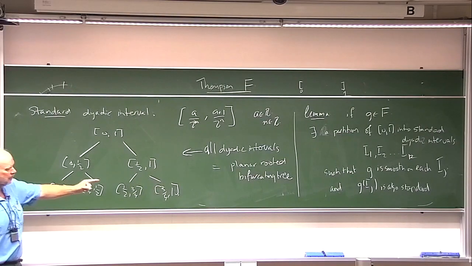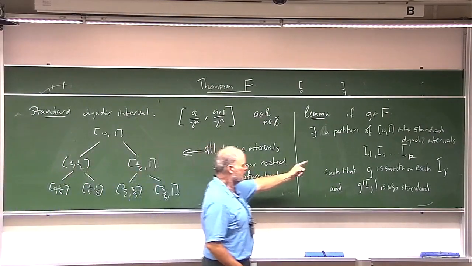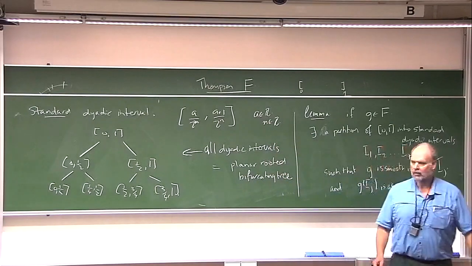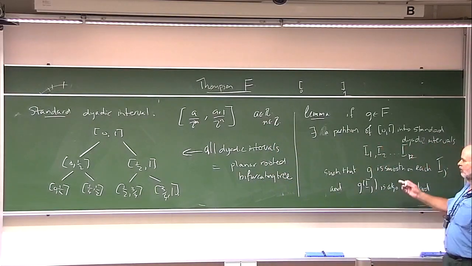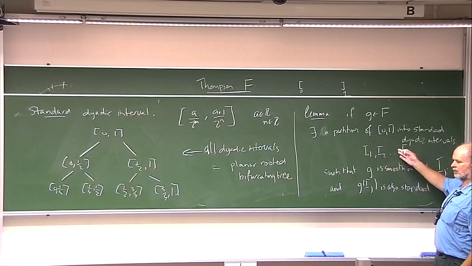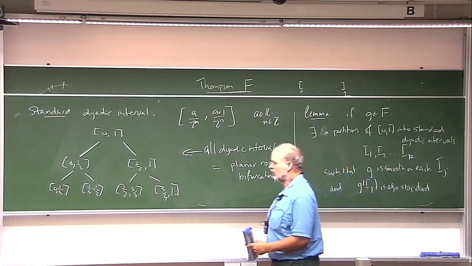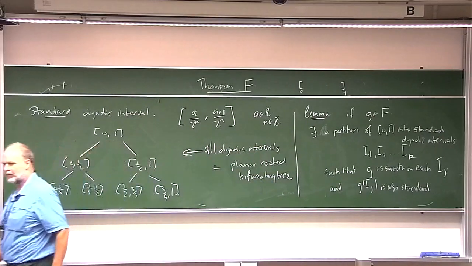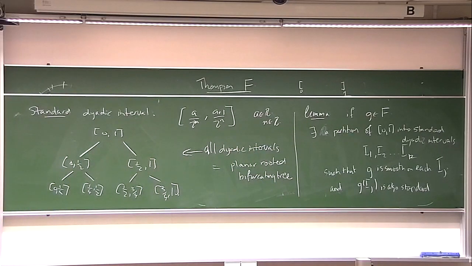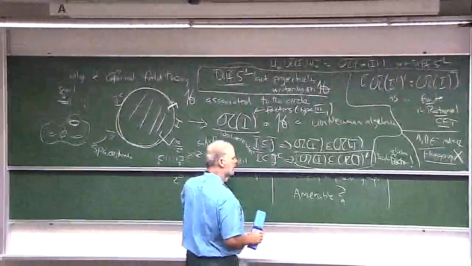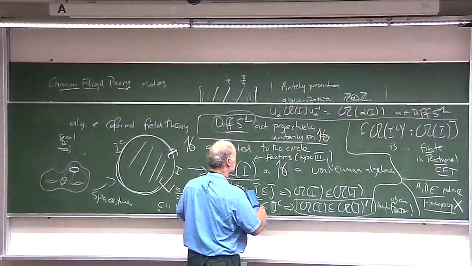But if you subdivide enough, the same is true of the image. So you could subdivide for the interval and subdivide for its inverse, and you can get a subdivision that's fine enough.